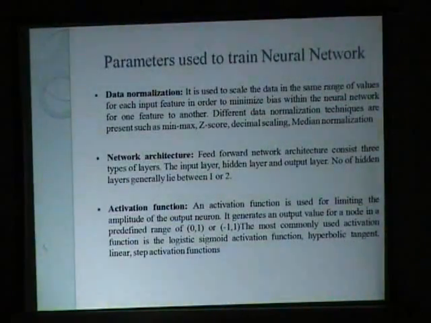An activation function is used to limit the amplitude of the output neuron. It generates an output value for a node in a predefined range of 0 to 1 or -1 to 1.